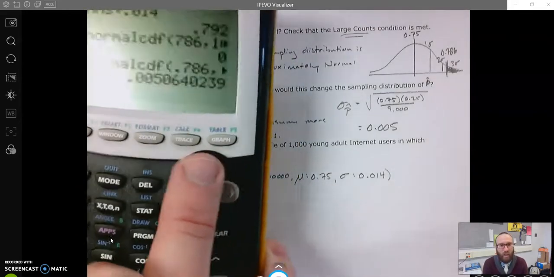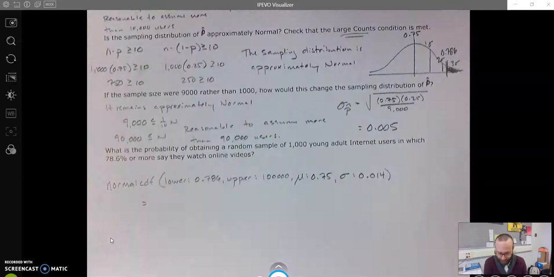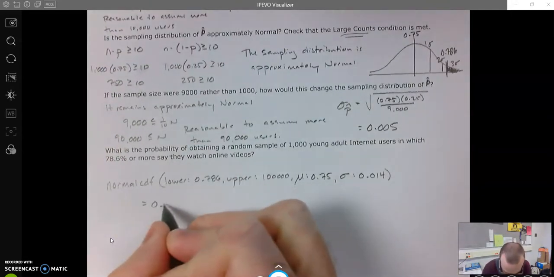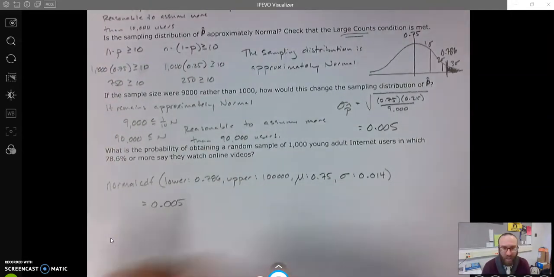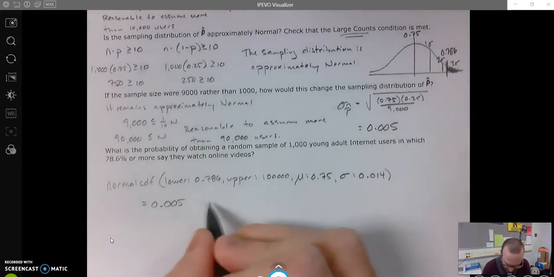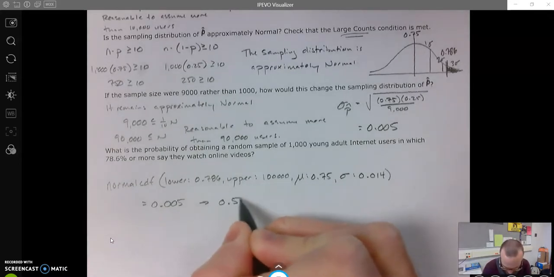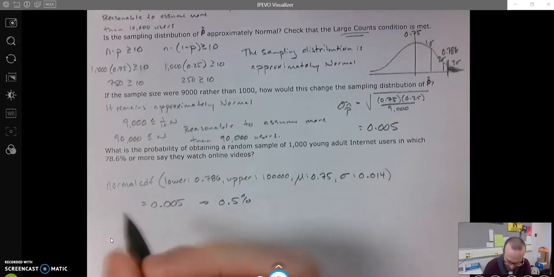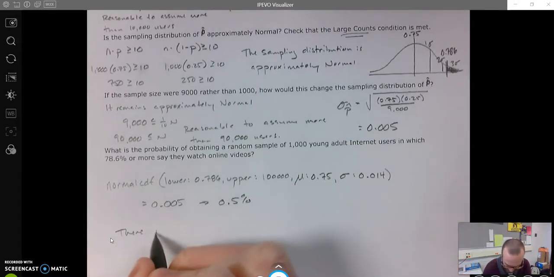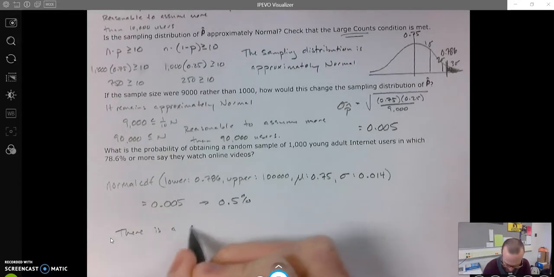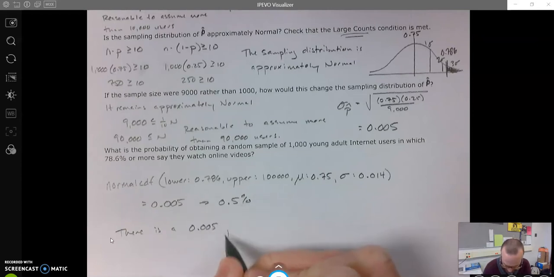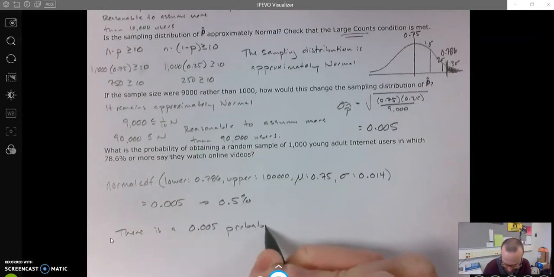So 0.005. And so that's our probability. Remember that this is a 0.5% chance. So there is a 0.005 probability, an extremely low chance.